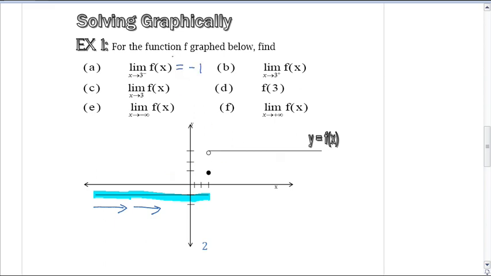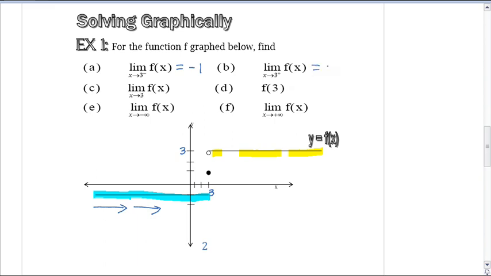Part B, if I'm approaching from the right, that means I'm coming in this direction of my highlighter. I'm coming in from the right, and I don't want you to worry about the hole. Remember that it's the intended height of the function, and I'm approaching 3 on the x-axis, just like before, and it looks like the height of this function would be +3.